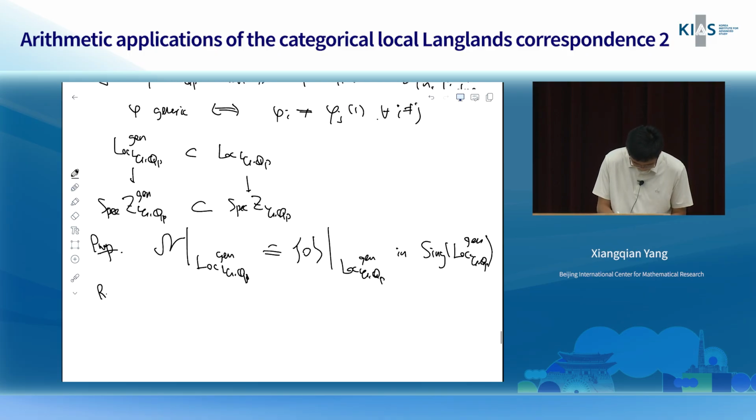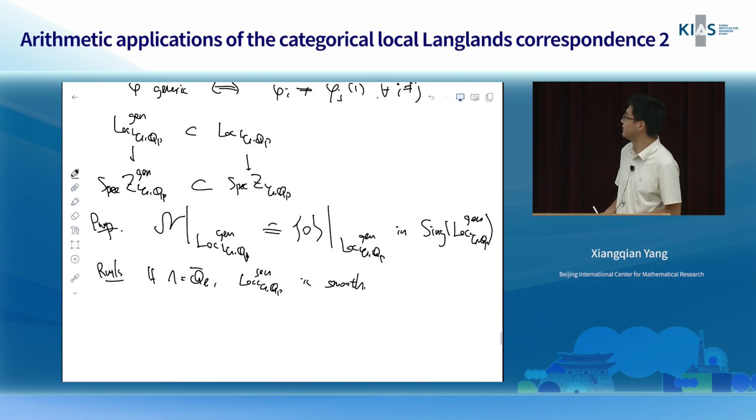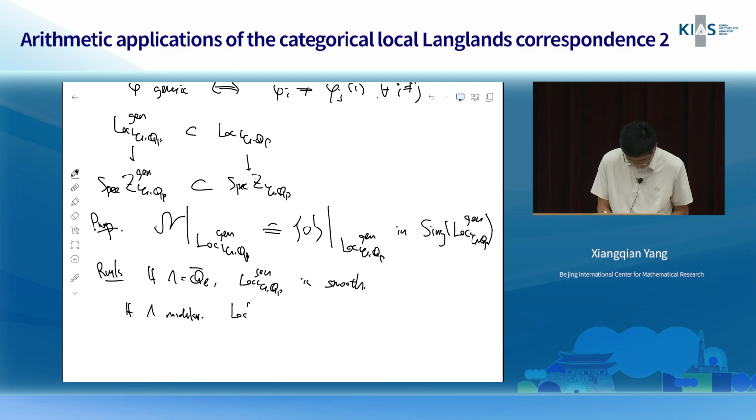And so you can remark that if lambda is Q_l-bar, then this log generic is actually smooth, and the nilpotent singular support here is just trivial. But if lambda has modular coefficients, then sometimes this stack is far from being smooth, maybe even non-reduced, so there's no smooth point on this stack.